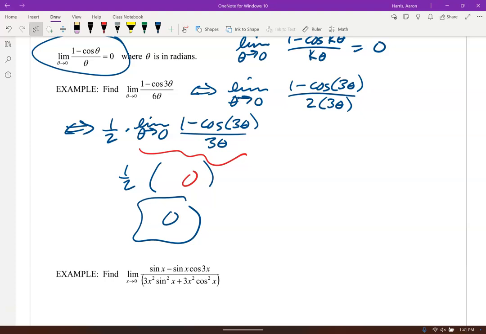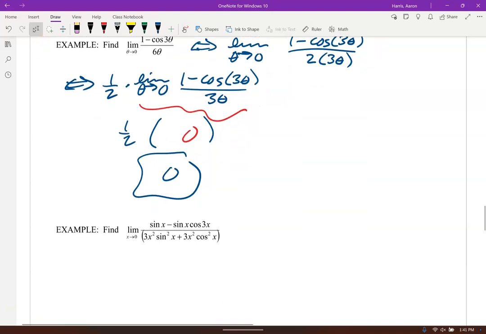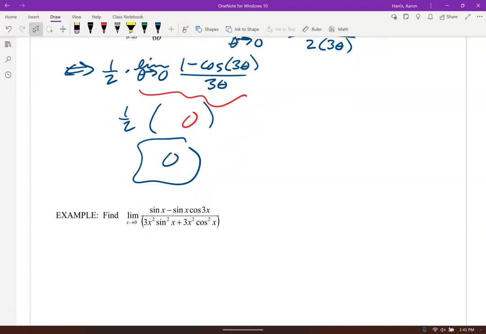They can get kind of hairy, so I'll probably take a sine out of the top of those two in the numerator. And on the bottom, I'd take a 3x squared out.